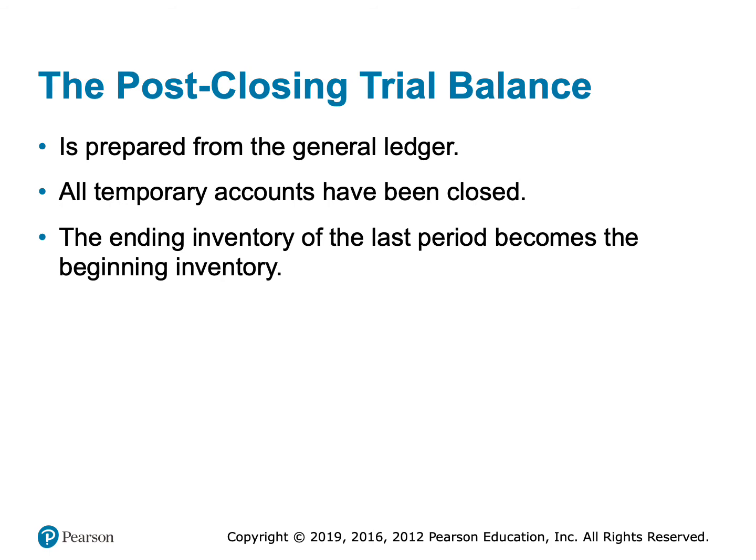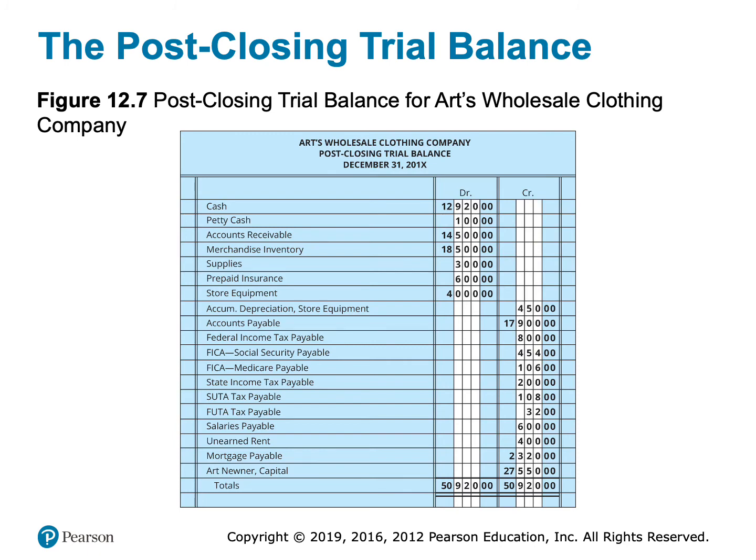Only accounts that appear on the balance sheet should have a non-zero balance now. So here we can see we've got our post-closing trial balance. We've listed our assets, our liabilities, our capital account at its new updated balance. And these become the beginning balances of next year.